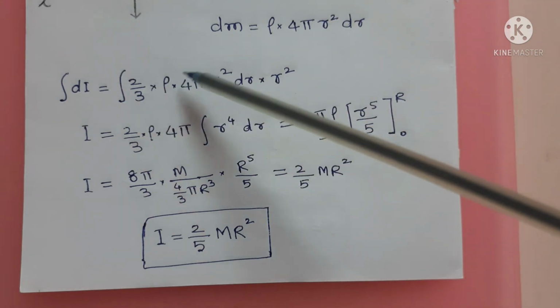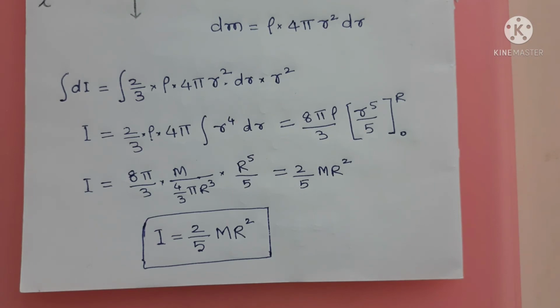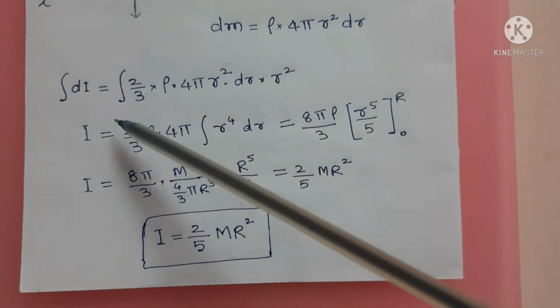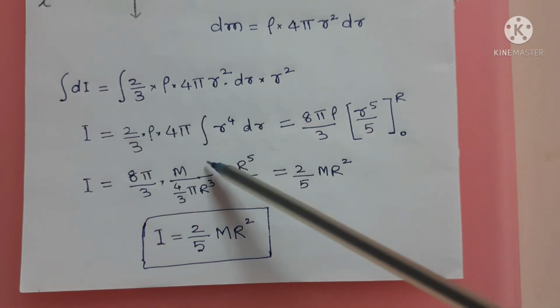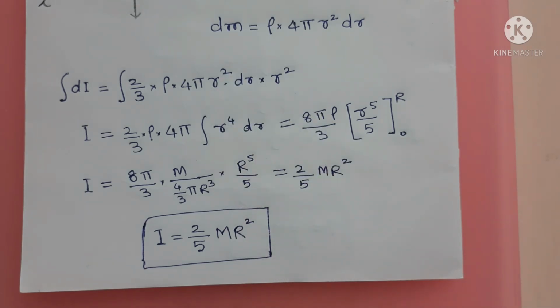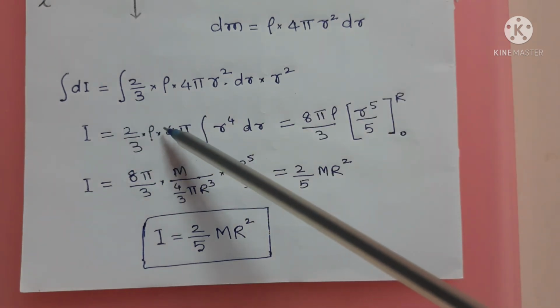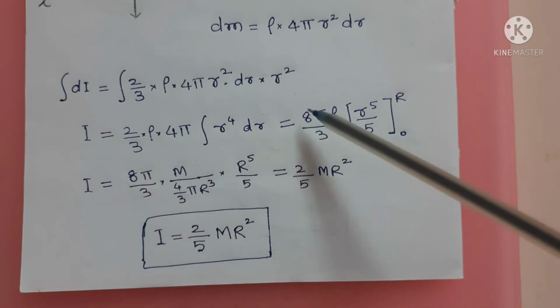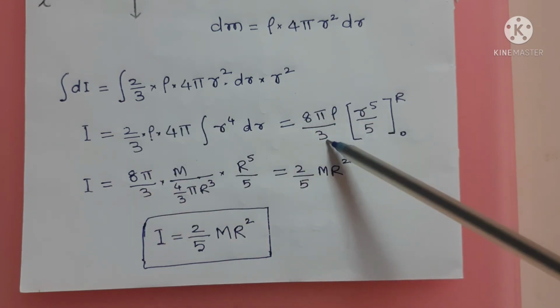So 2 by 3 rho 4 pi, they are constants, take them out of the integration. So 2 by 3 rho 4 pi, integration of r to the power of 4 dr. Simple formula: integration of x to the power of n dx is equal to x to the power of n plus 1 by n plus 1. Same formula I am applying. Here you see 2 into 4 is 8 rho pi divided by 3, 8 pi rho divided by 3.